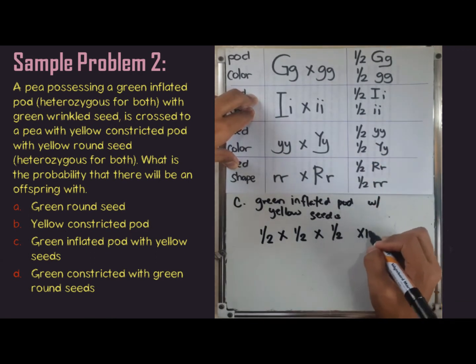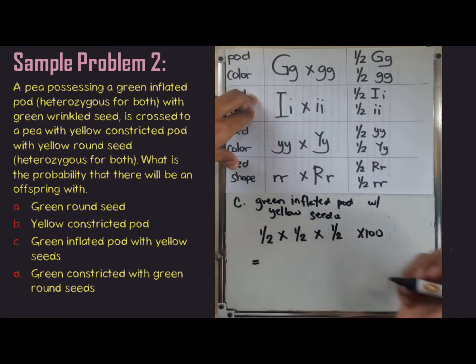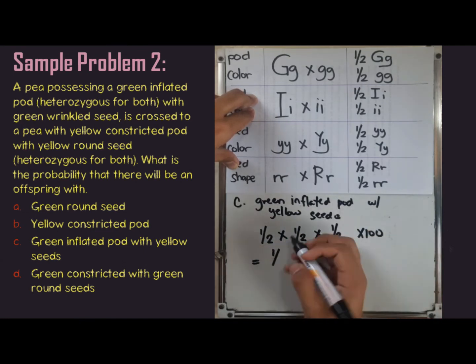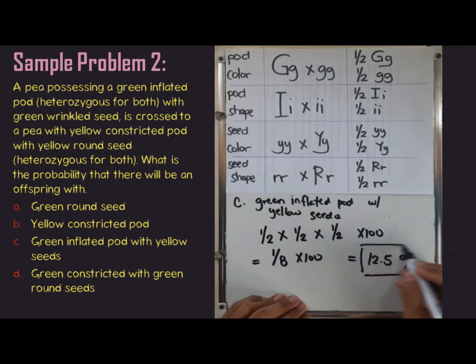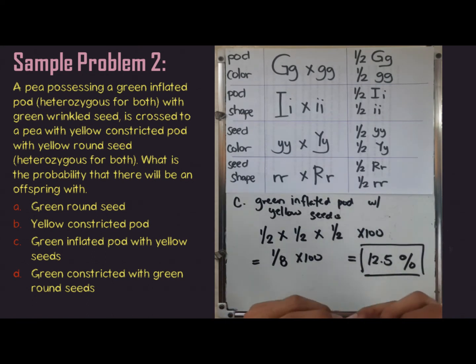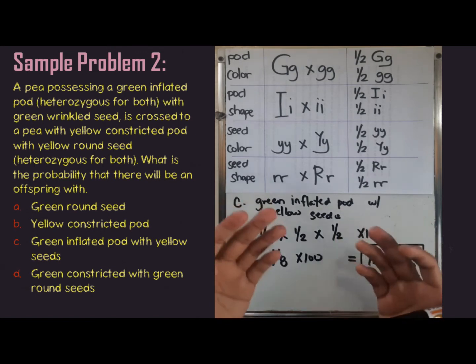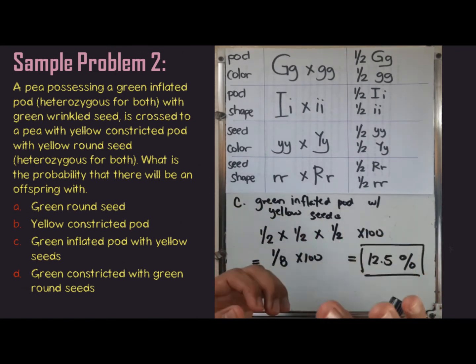Then you're going to multiply this with 100, in which you're going to have 1/8 times 100, which is equivalent to the probability of 12.5%. Okay? So for letter C, it is equivalent to 12.5% since we multiplied 3 traits.